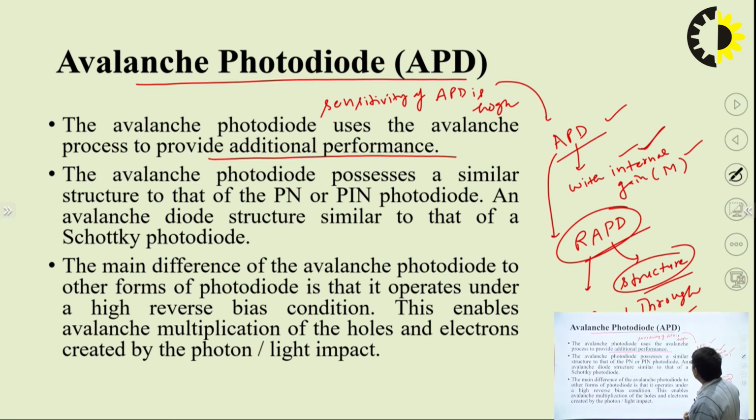Another requirement for this avalanche photodiode is, we know that photodiodes work with reverse bias. To achieve this internal gain, we require a comparatively high reverse bias voltage in the case of APD as compared to PIN.